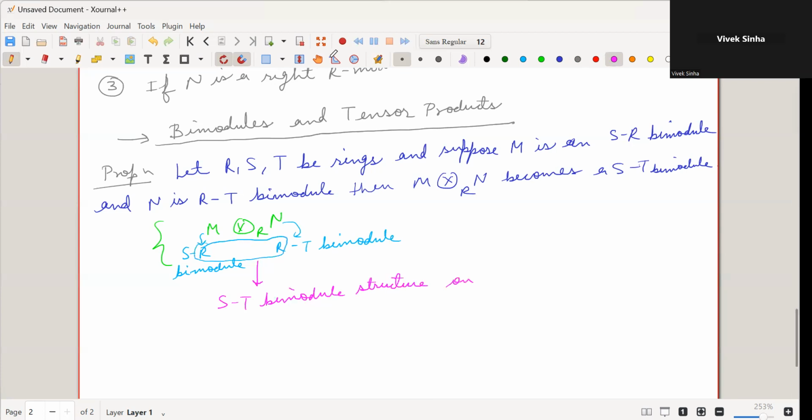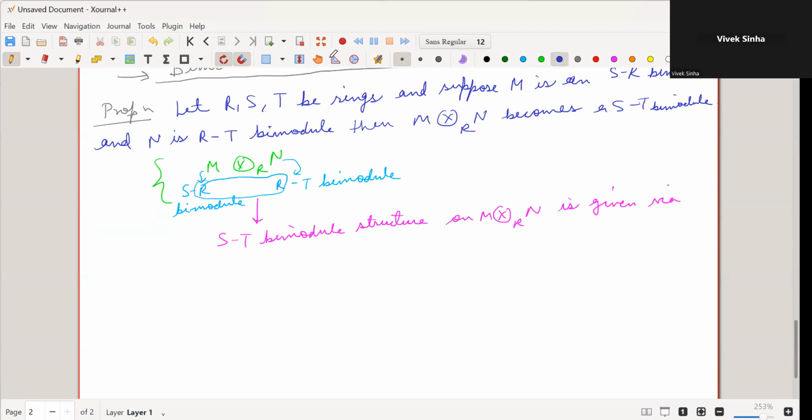on M tensor N, and it is given via the following. So how is the module structure coming? You have an element small s, and an arbitrary element in M tensor N is of the form summation i equal to 1 to k of m_i tensor n_i. And M is a left S module, right?